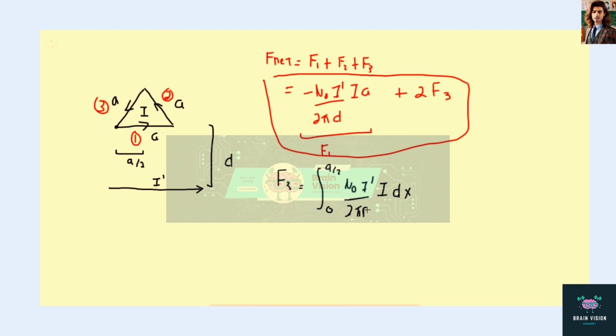We're going to need to figure out what r is here. The distance that we're away from a point on here is clearly going to depend on our horizontal position along here. The farther we move along this part of the triangle, the higher up it gets, and so the farther from the wire down here it is. So let's zoom in a little bit on a part of this triangle.